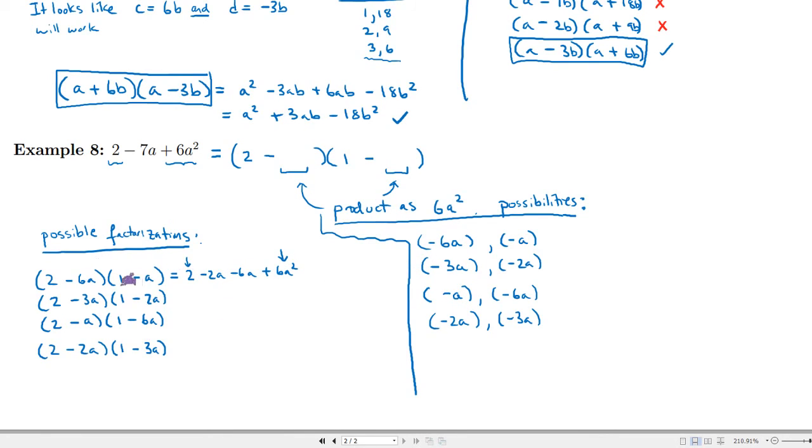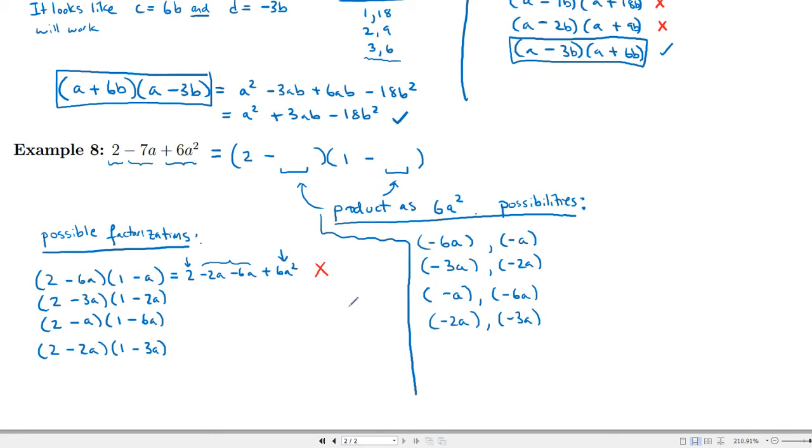It's just figuring out the middle terms that is the questionable part, because we're getting two things that combine together. But what would that simplify to? That would give us negative 8a, and that is not what we actually have here, right? So this is rejected. We could just mark that right now as not correct.